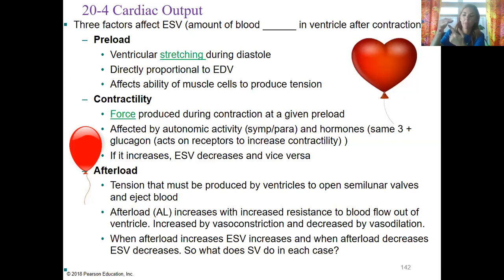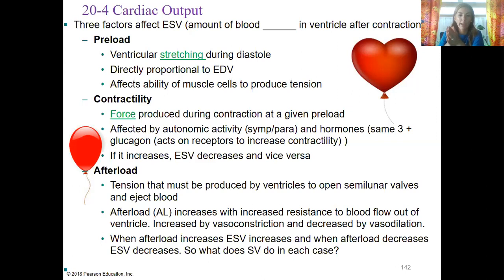If you have a constricted aorta, it is going to have a higher pressure, and that means the pressure within the ventricles is going to have to be greater in order to pop open that aortic semilunar valve because of that constriction. If we dilate, then the pressure is going to be lessened within the vessel, so it's going to be easier to pop open that semilunar valve and allow the blood to get out of the heart and into the aorta.